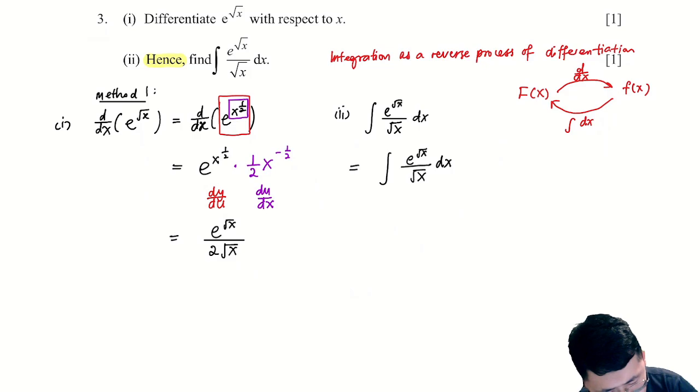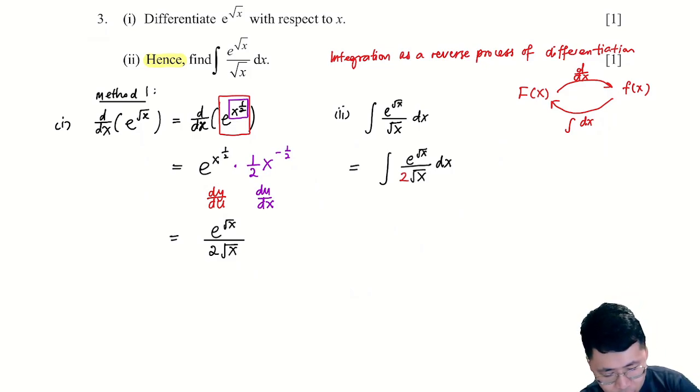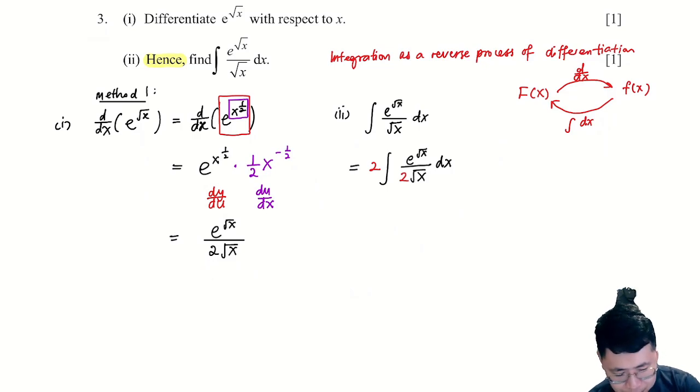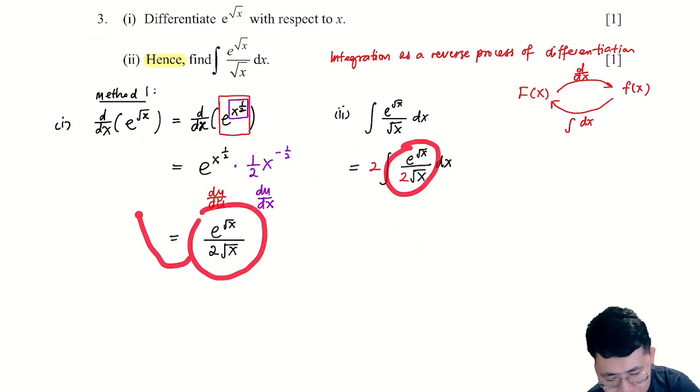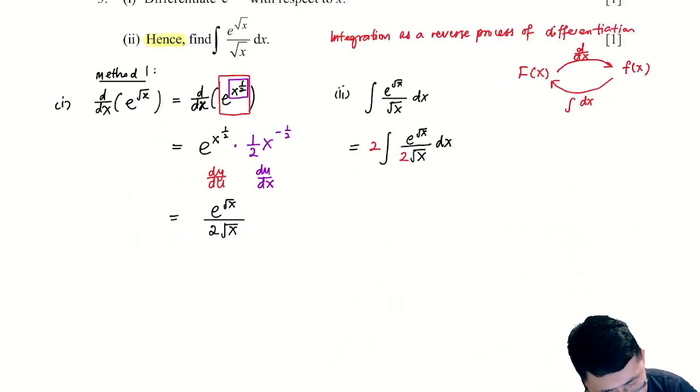In order to divide by 2, the reverse is I need to multiply by 2 to balance back. So putting the 2 down here, to balance back, I need to multiply by 2 on the outside. Once I get this form, I can just integrate back to this. It's just a reverse.